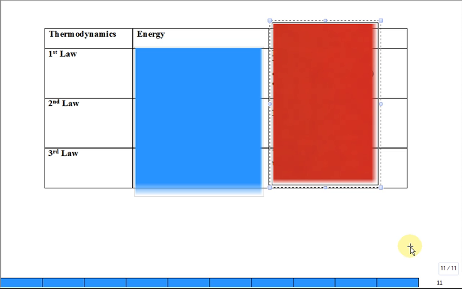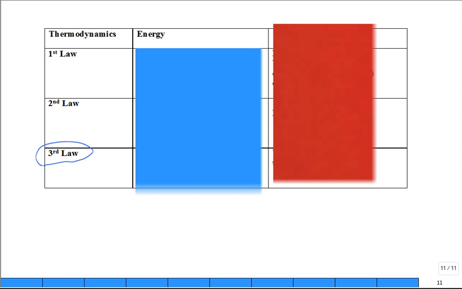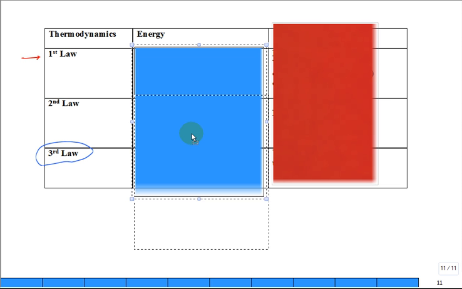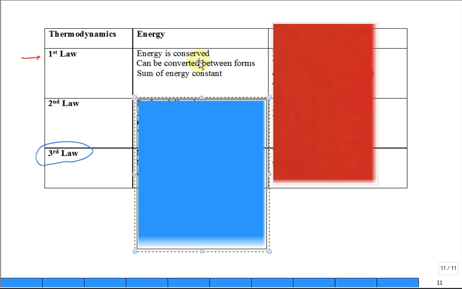All right, so the last thing I'd like to do is just summarize the 3 laws of thermodynamics, because this is the new one right down here, the 3rd law of thermodynamics. Well, what was the first law all about? The first law was about energy, and it said that energy can be realized in many different forms, but the sum of the energy is constant.